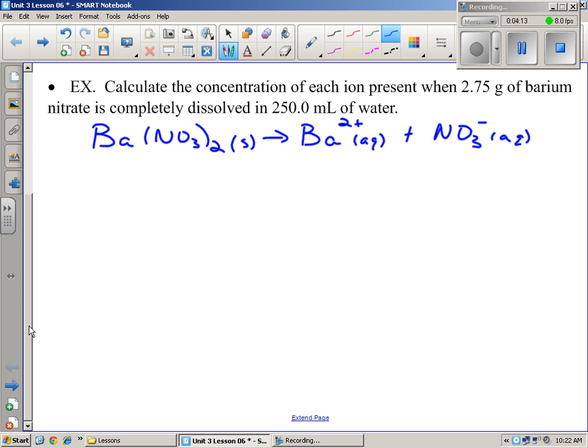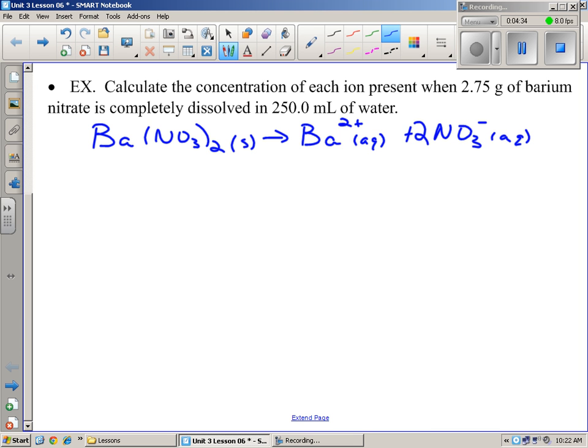All right? If you look at this equation, step 1 is always going to be write out a dissociation equation. Step 2, you want to look at this and say, hey, does this make sense? Look, for every one of these compounds, I have 1 barium and 2 nitrates, right? We need to make sure we balance this, right?